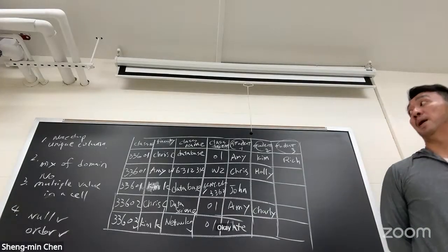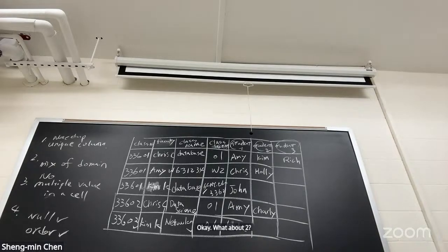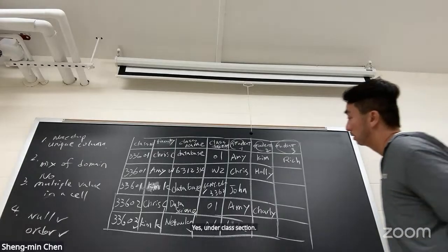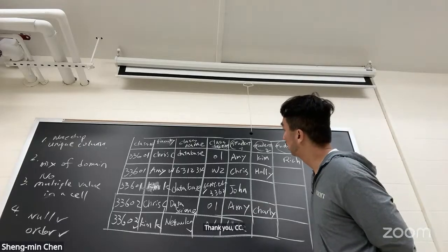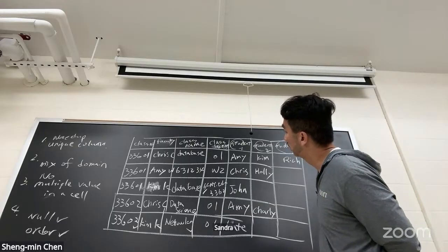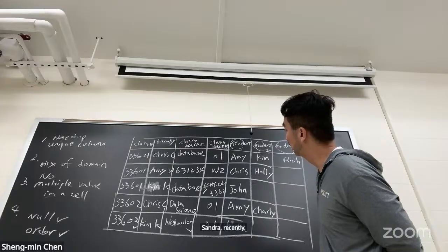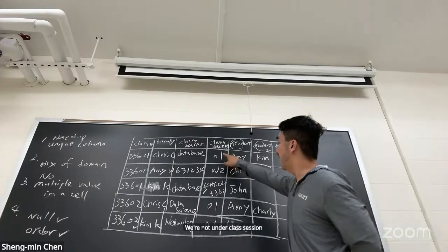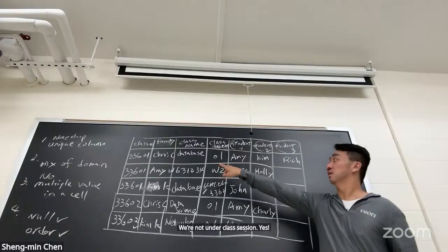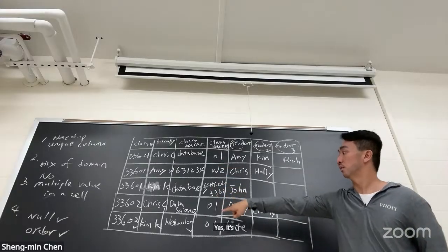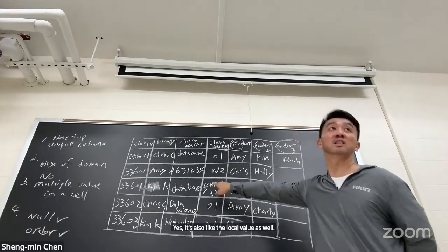Okay, what about 2? Mixed domains. Yes. Under class section, there's the set. No, it's a URL.